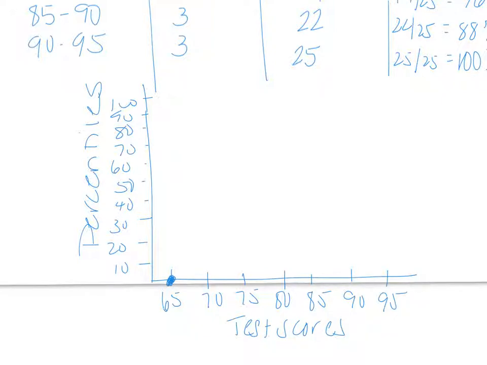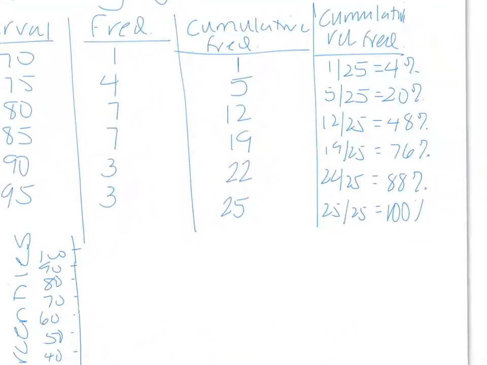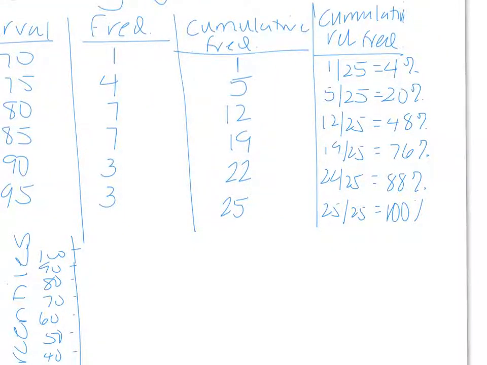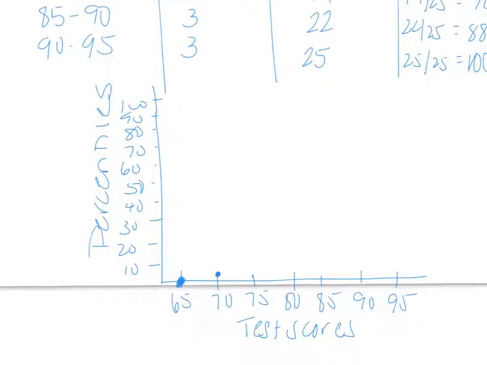From here, when I get to the end of the first interval, I've built up to 4%. So I'm at 4%, which is just above the axis in this case. Okay, so what I've done is I've graphed the 4% at the end of the first interval. Now my next interval ends at 20%, so I'm going to go down, and at 20%, I'm going to put my next point on the 75 and 20%, because when I get to 75, there's 20% below.